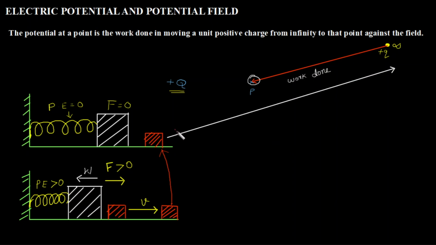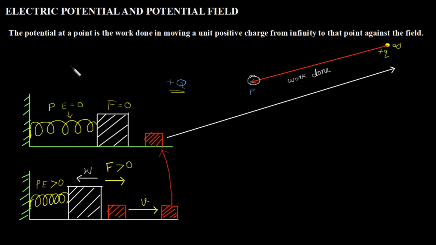So I can say that the potential energy, in the sense the energy experienced or the force experienced by this small box, is equal to the potential energy or pushing capability of this spring. So this force experienced by this small box is directly proportional to the capability of pushing of this spring or capability of expansion of this spring, which is directly the potential energy of this spring.